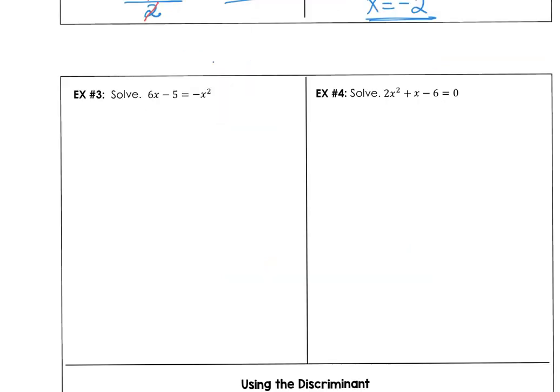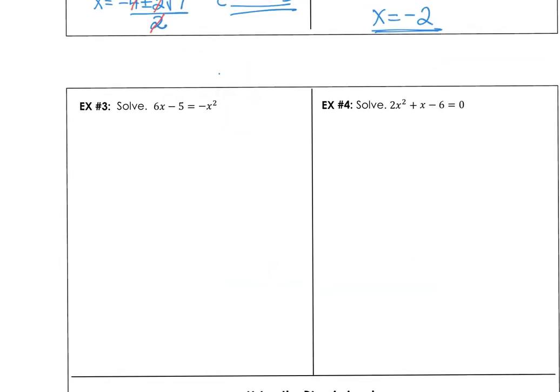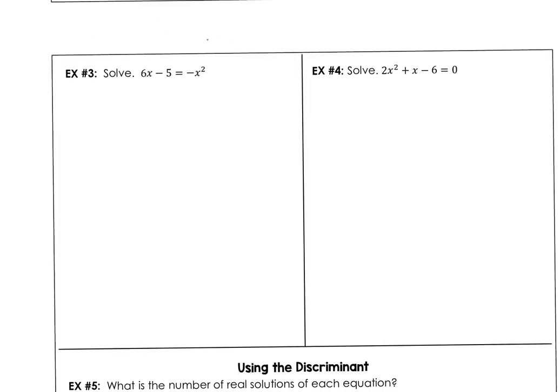Again, you notice example 3 is not in standard form, so we've got to put the equation in standard form, setting it equal to 0, before we can apply the formula. Positive x squared plus 6x minus 5 is standard form.